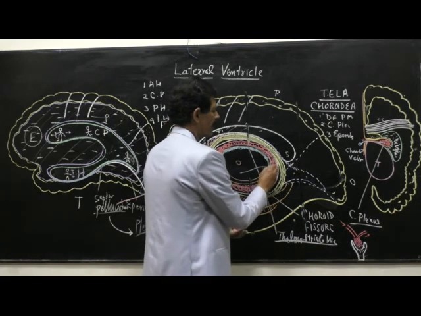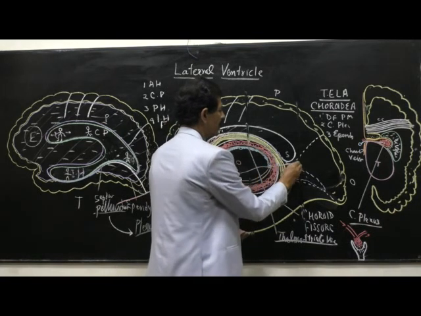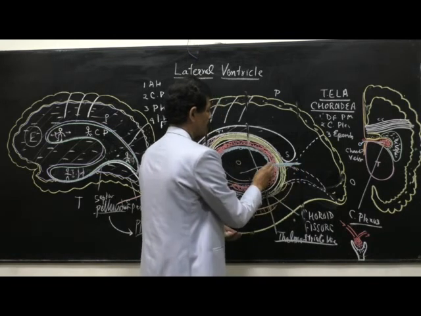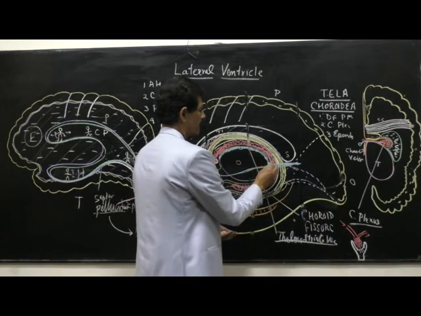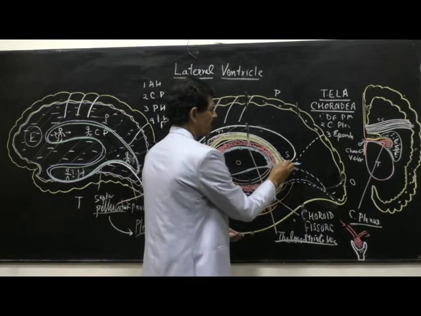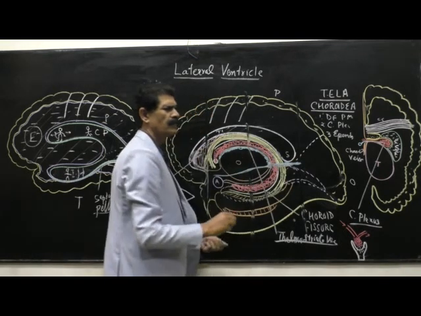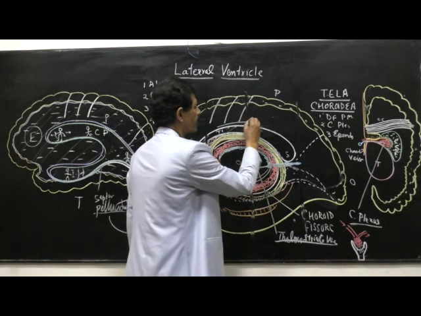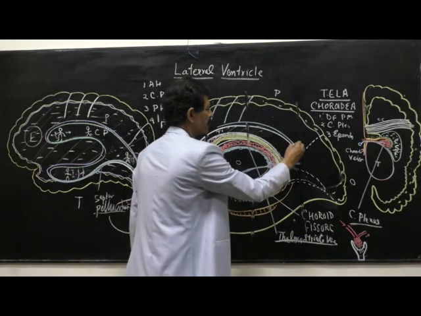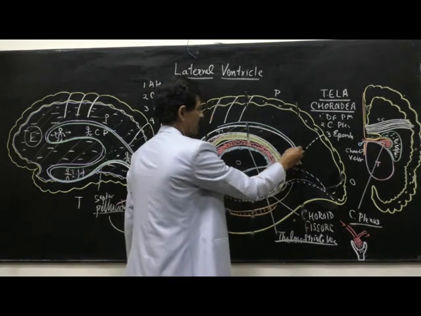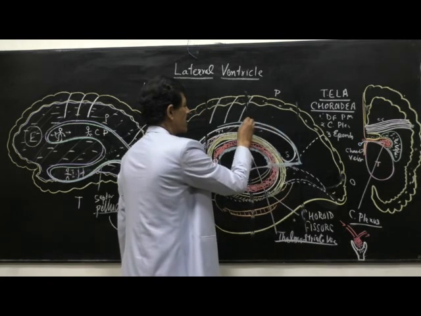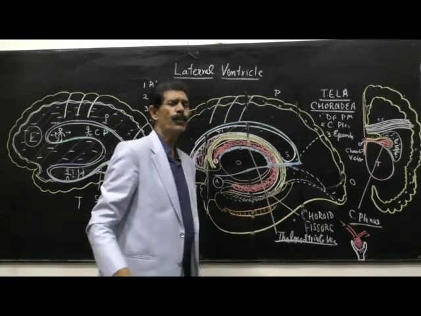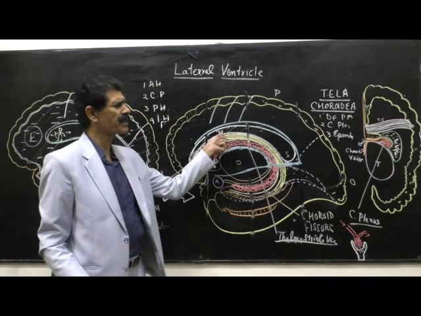So the internal cerebral vein and the thalamostriate vein, both together, form the great cerebral vein, and this great cerebral vein leaves the cerebrum just below the splenium, and then it will unite with the inferior sagittal sinus, which lies at the lower border of the falx cerebri, which is hanging above the superior or dorsal surface of the corpus callosum.